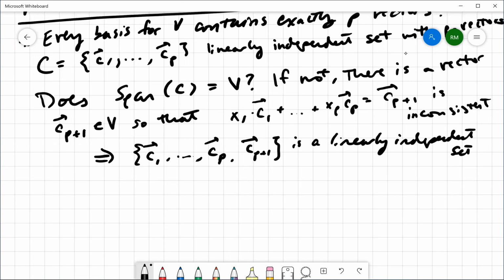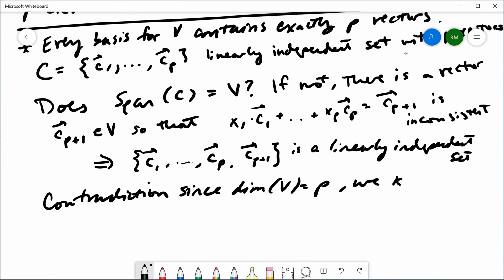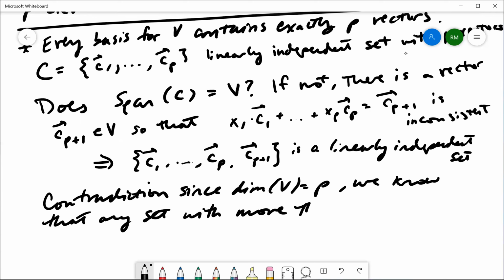But this is actually a contradiction. Since the dimension of V is P, we know that any set with more than P vectors is linearly dependent.